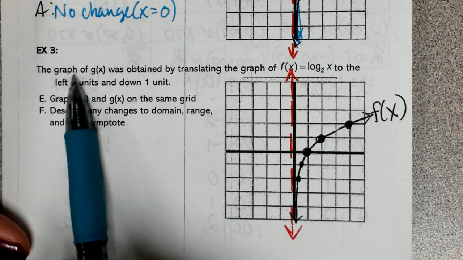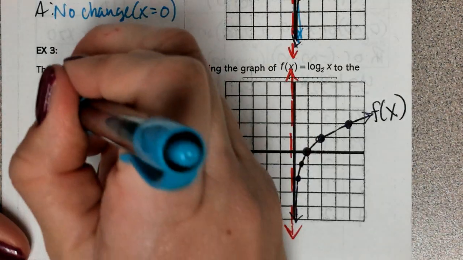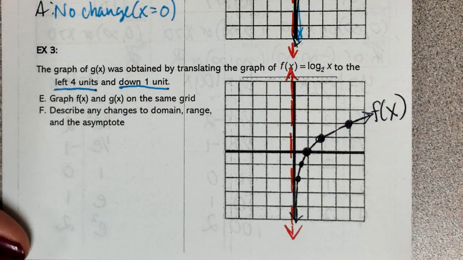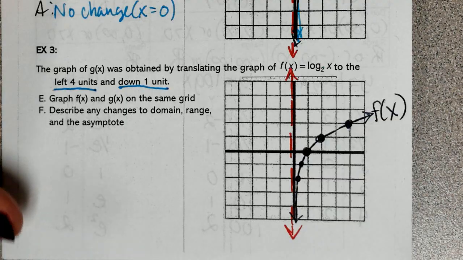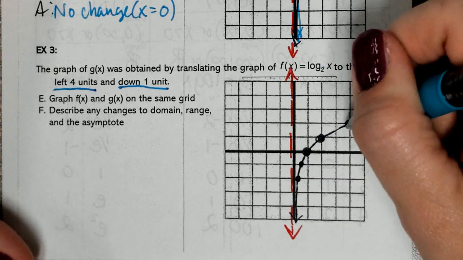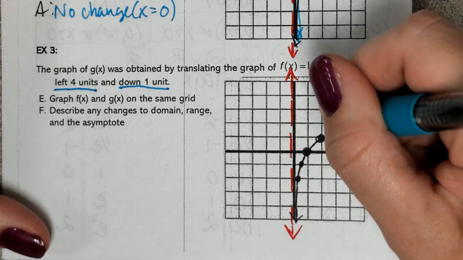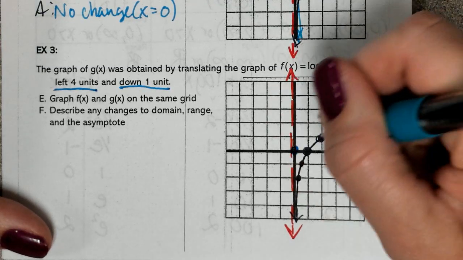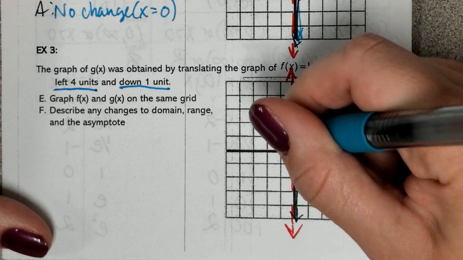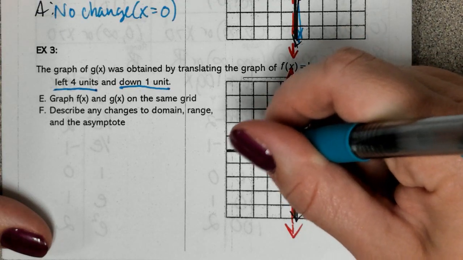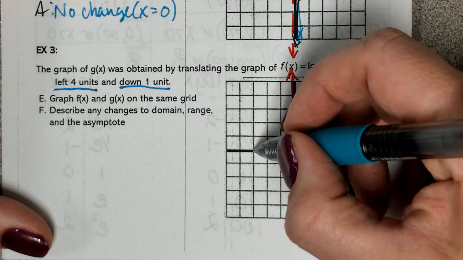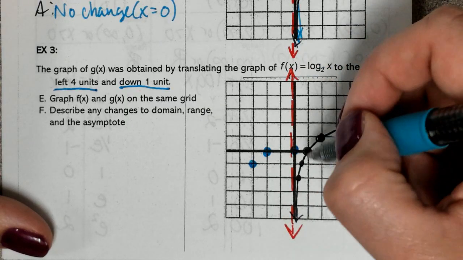Okay, and to create g of x, we're going to move every point left 4 and down 1. Okay, so every point I'm going to move to the left 4 and down 1. 1, 2, 3, 4, down 1. This point, 1, 2, 3, 4, down 1. This point, 1, 2, 3, 4, down 1.